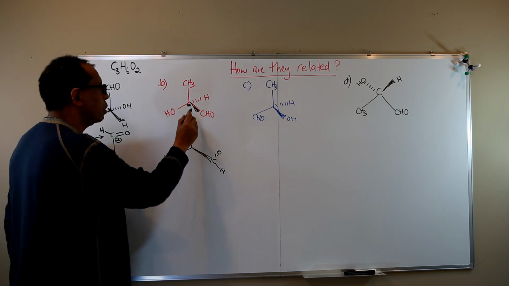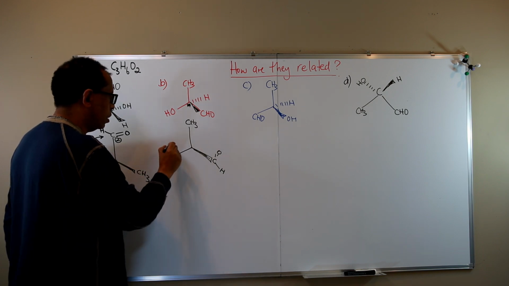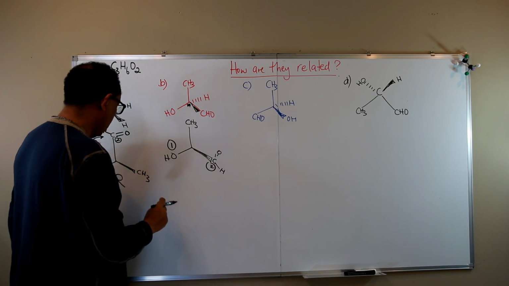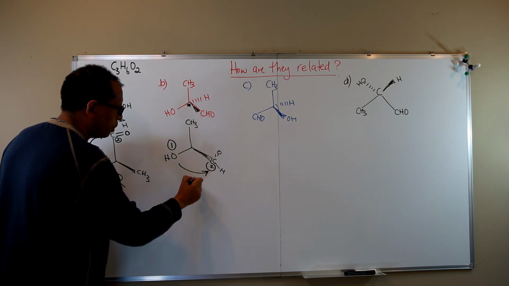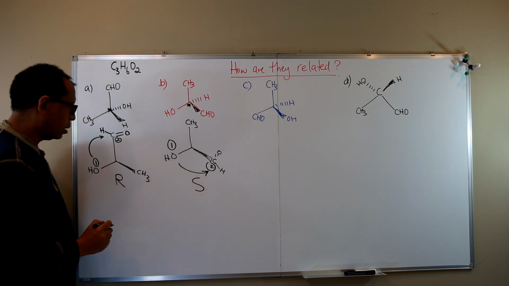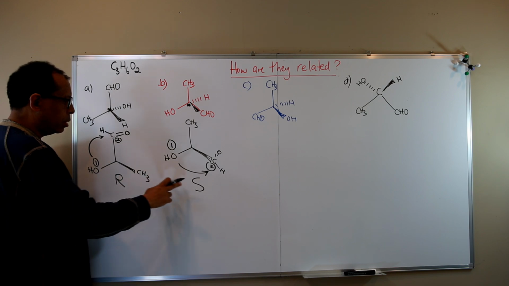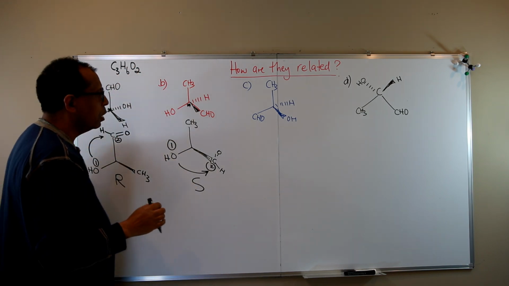So this is a redraw while hydrogen is at the back. So this is priority 1, this is priority 2, so this would be an S configuration, an S enantiomer. So basically this is R, this is S, this is still C3H6O2.